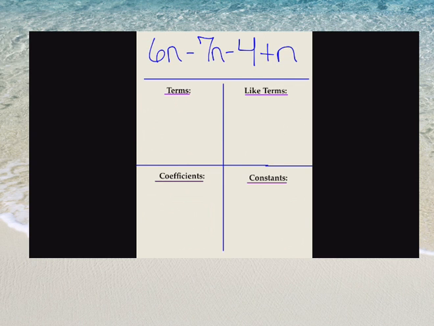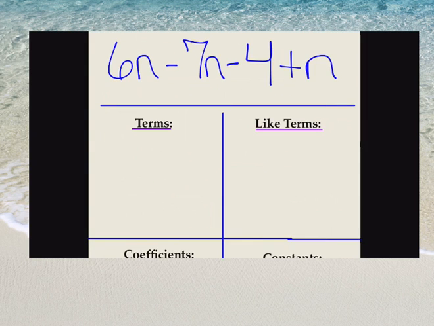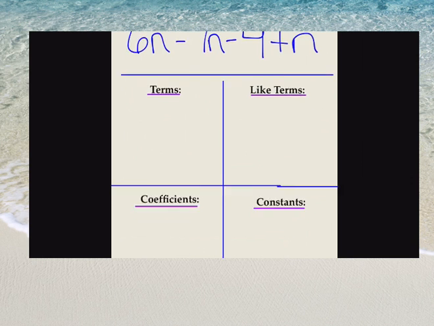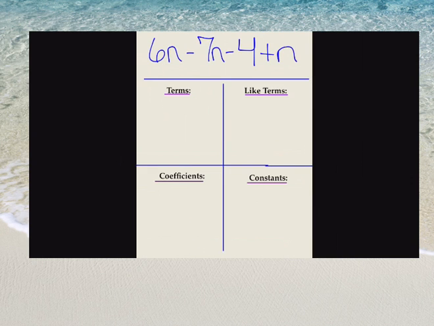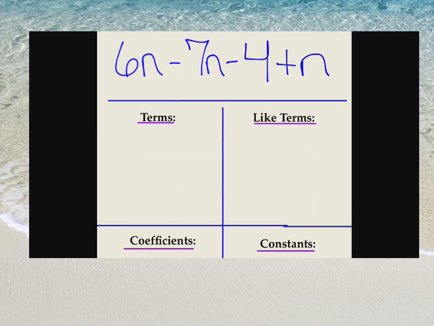Go ahead and swipe the page, and we've got our first expression here to try. 6n minus 7n minus 4 plus n. Okay, and what we're going to be doing here is labeling the terms, the like terms, the coefficients, and the constants. Let's start with the terms. We can say the terms are 6n, remember these are the parts of the expression, negative 7n, yes, that's right.